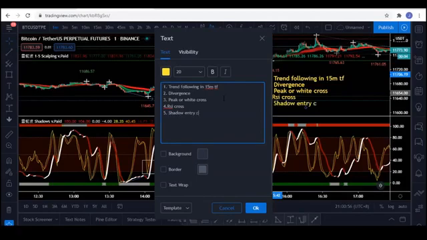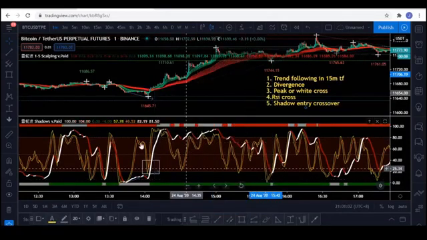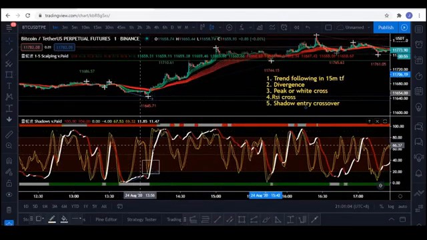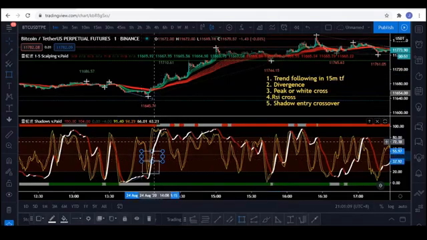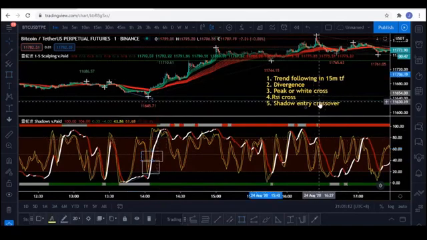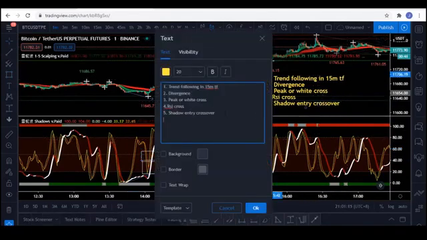That is our confirmation. Where is that? Shadow entry crossover here, this one. Next is the color of our shadow. Our sixth criteria is the color of our shadow.